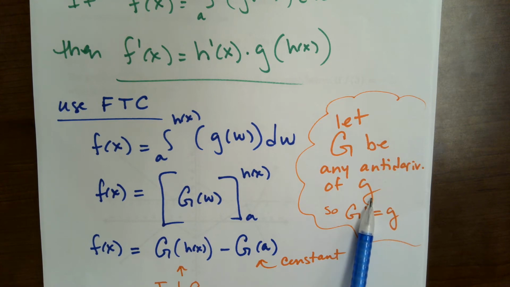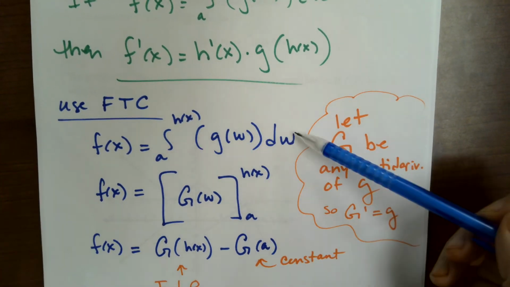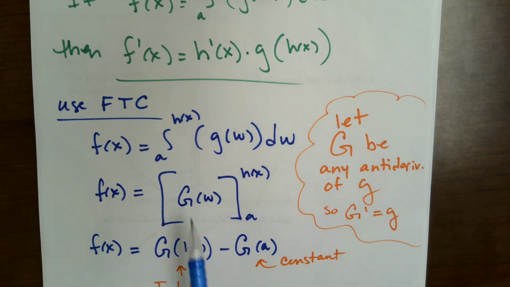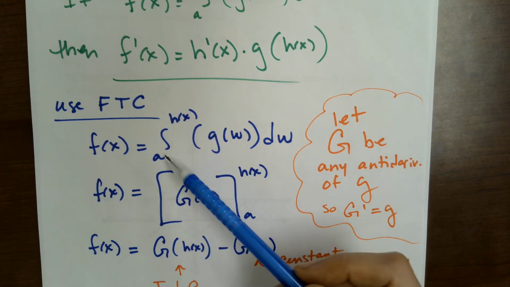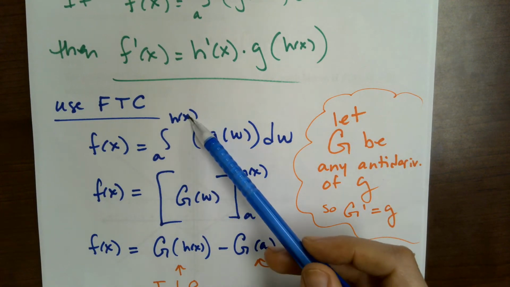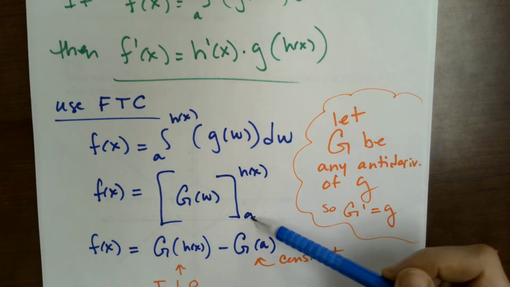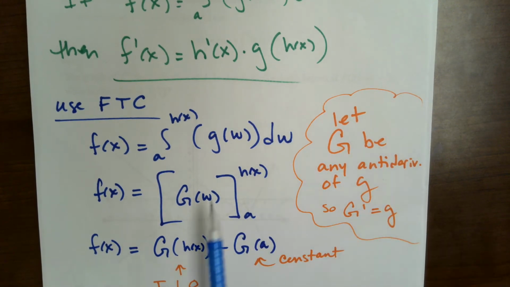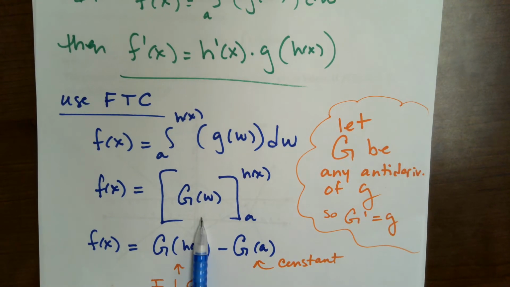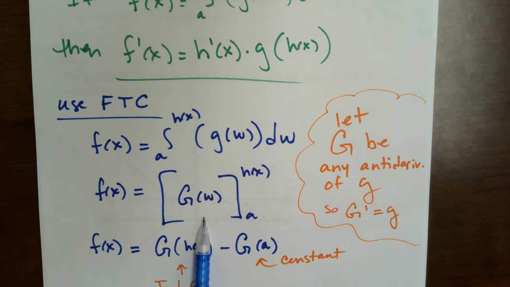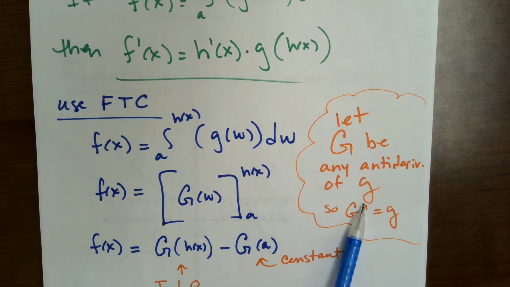Okay, so if we have that established, the way that you compute an integral is you use the fundamental theorem of calculus. That's where you open up these brackets, you take the endpoints of the interval that you're integrating over, you put them at the end here, and then inside of these brackets goes the antiderivative of this, so capital G of w, which I defined over here.